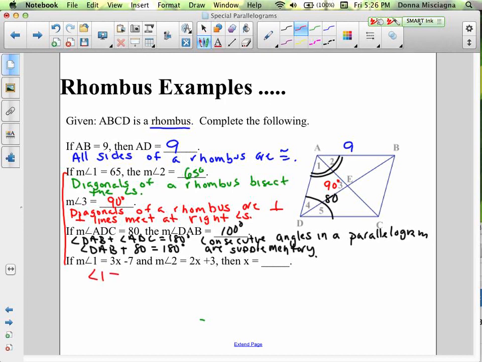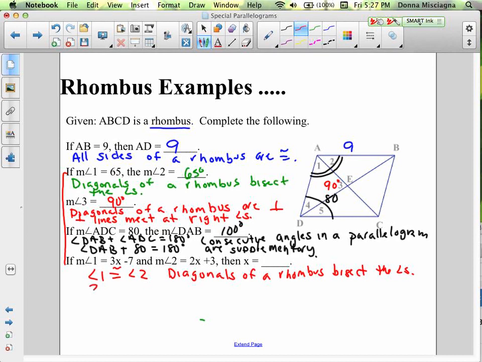So angle 1 is congruent to angle 2. And same reason up here: diagonals of a rhombus bisect the angles, which means they create two congruent angles.